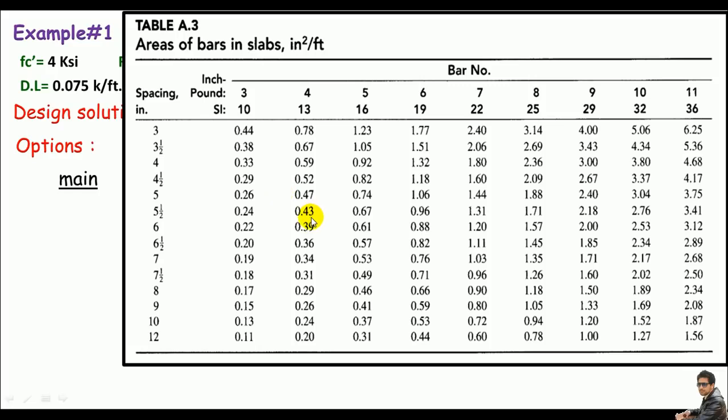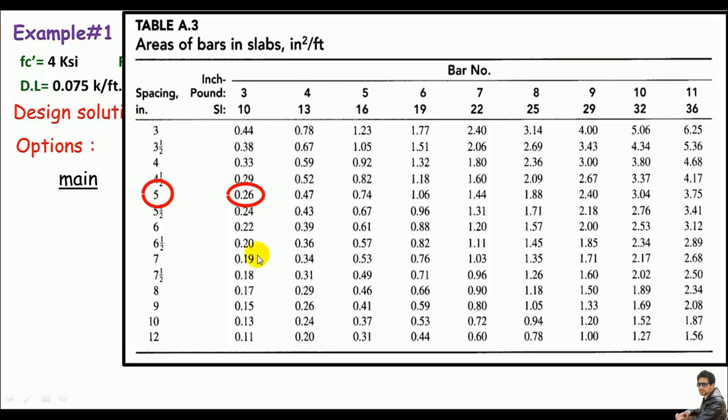Our main reinforcement area was 0.255, which is near 0.26. So let me pick a first option in number 3 bar and come down to 0.26. Yes, this one, 0.26, and the spacing will be 5 inches. So number 3 bar at the rate of 5 inches center to center. This is one option.